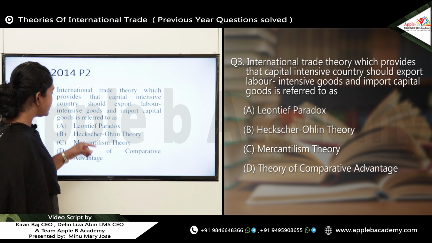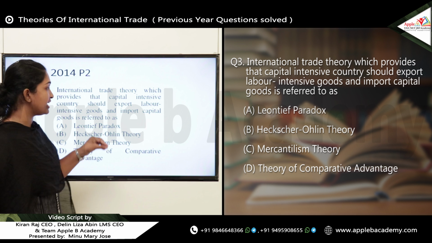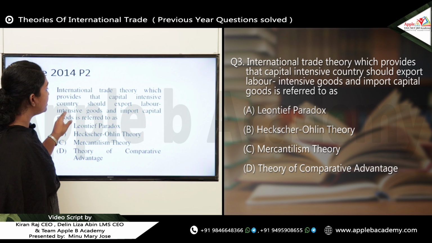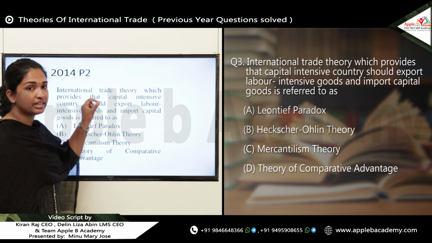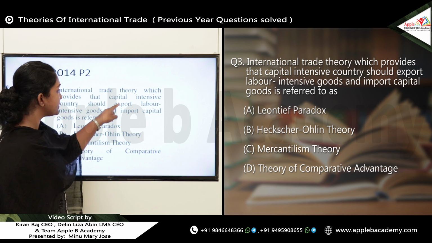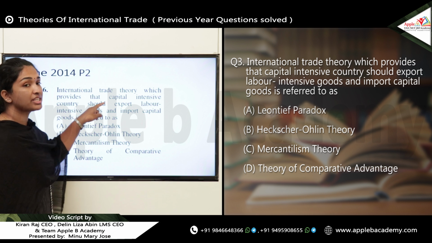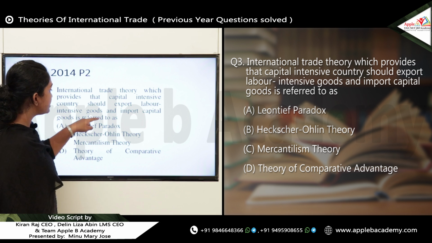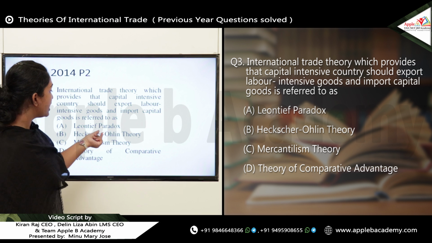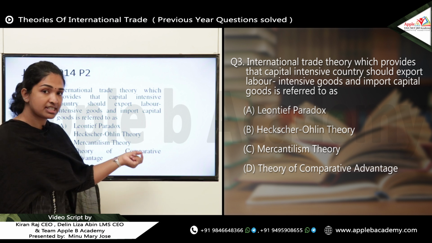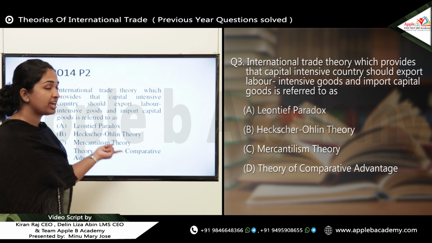That is the idea behind the Leontief paradox. This question also gives us such an idea, that a capital intensive country should export labor intensive goods and import capital intensive goods. Such an idea was put forward in the Leontief paradox, in his empirical analysis of the Heckscher-Ohlin theory.